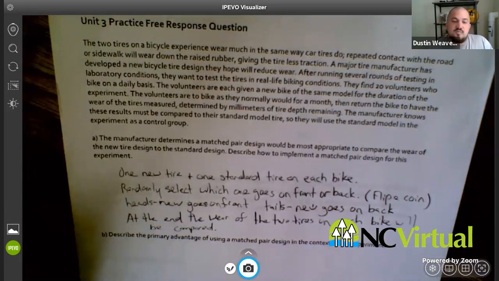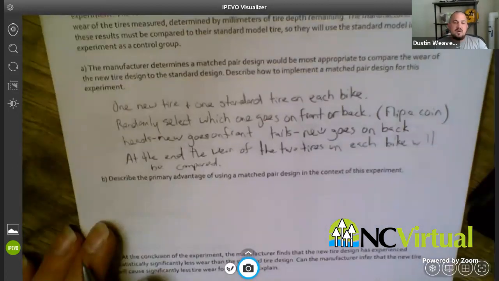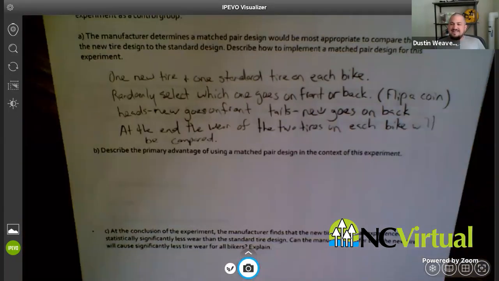And the reason you would want to do matched pairs here is because if you didn't, you might find somebody that rides their bike all the time, a ton, and even though they have the new tires, it's worn down a whole lot more than somebody that doesn't ride their bike that much that has a standard tire.